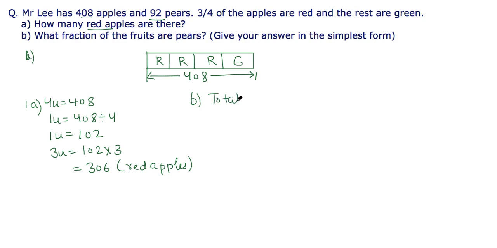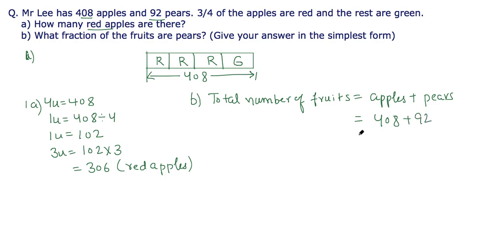It's easy. Total number of fruits will be equal to the total number of apples plus the total number of pears, which is 408 plus 92, which is 500.